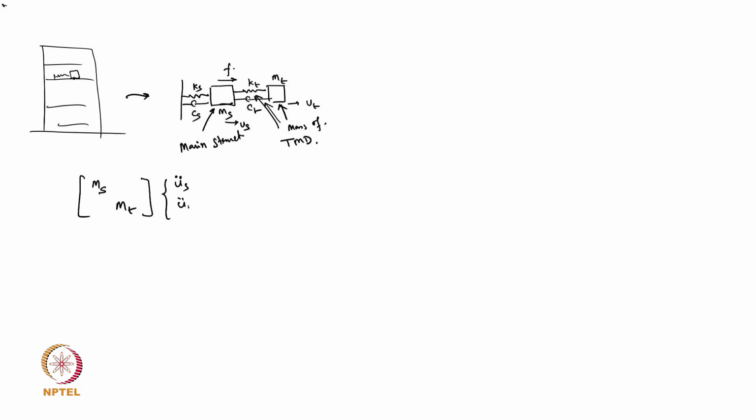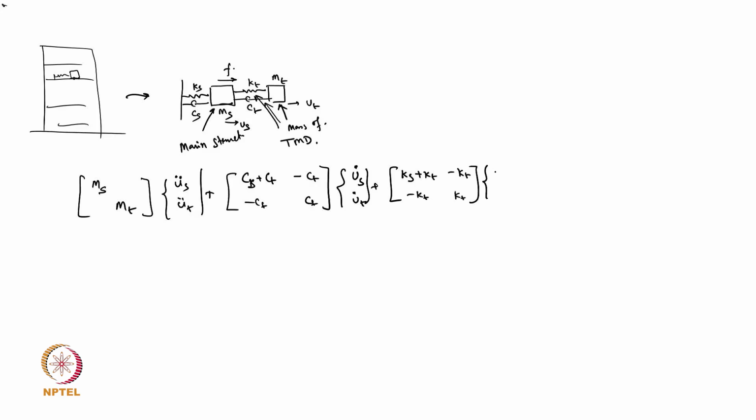Us double dot, Ut double dot, plus the damping matrix [Cs plus Ct, minus Ct; minus Ct, Ct] times [Us dot, Ut dot], plus the stiffness matrix [Ks plus Kt, minus Kt; minus Kt, Kt] times [Us, Ut], equals [F, 0].